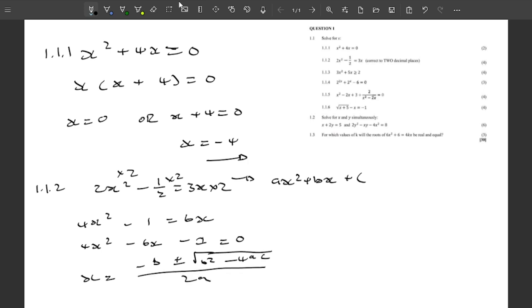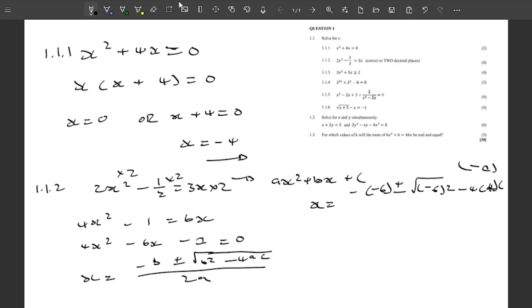Now you're going to substitute your values: minus b, which is minus 6, plus or minus the square root of minus 6 squared minus 4 times a, where a is 4, and c is merely minus 1.